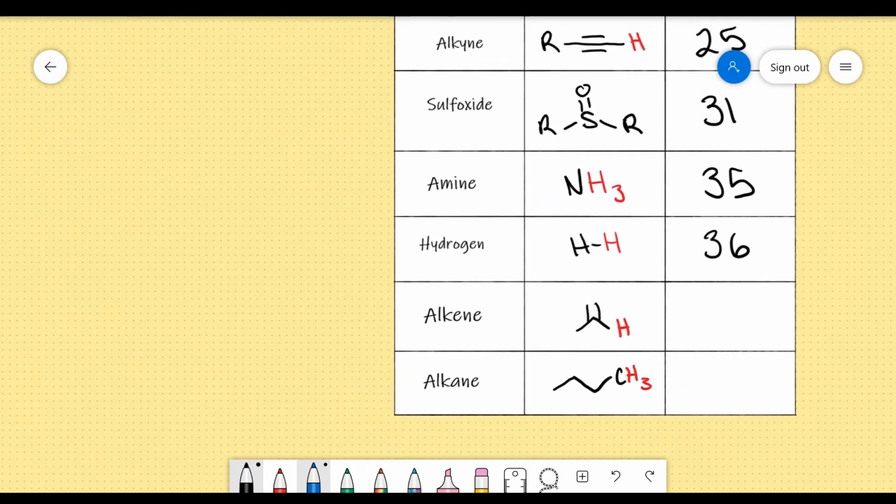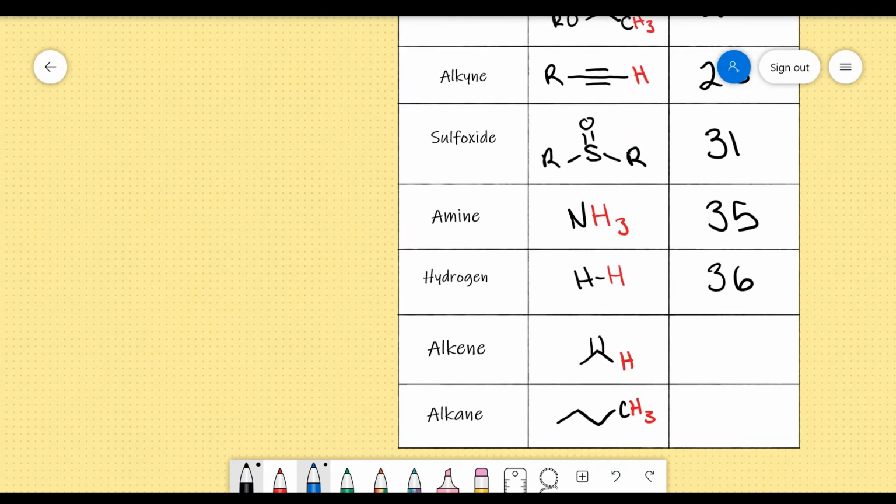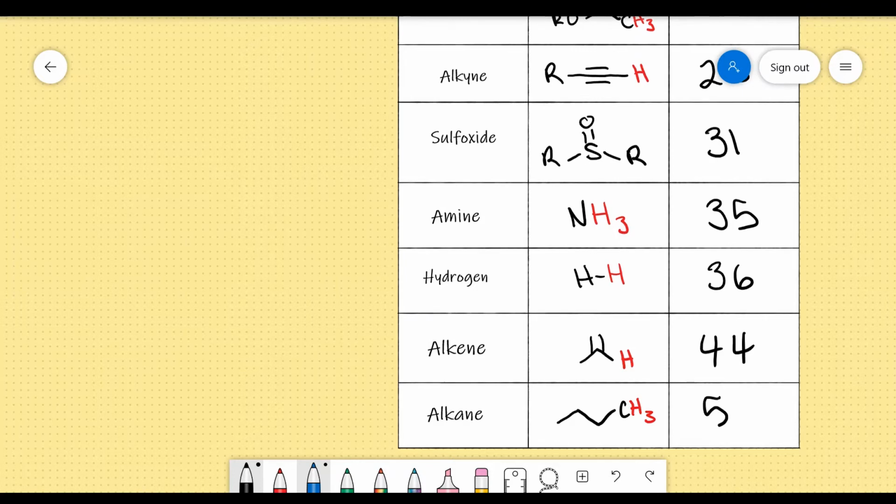An alkene, it's in the same family as the alkyne, except instead of a triple bond in the carbon group, it will be a double bond. So it'll be 44. And finally, alkane, it's going to be a carbon group with all single bonds. It's going to be 50. This is going to be our most basic thing.